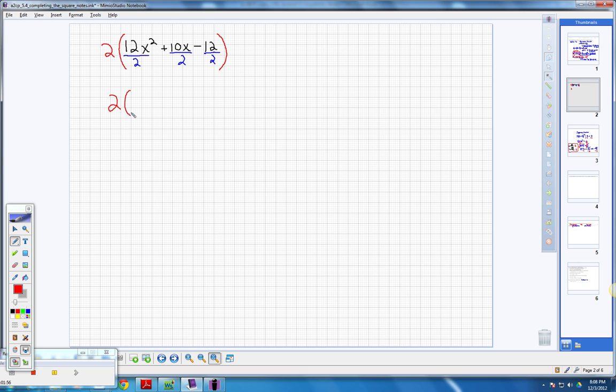So I know that I can divide each term by 2, and it's going to leave me with 6x squared plus 5x minus 6.